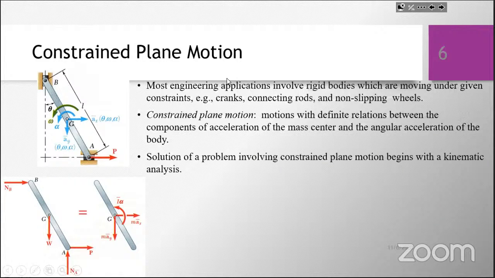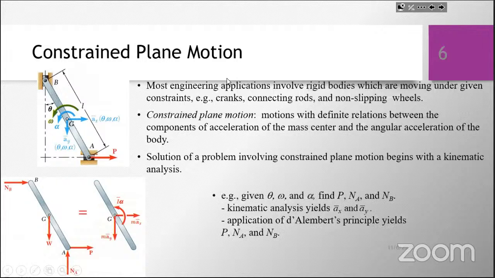And we always want to find this for the center of gravity. So for example, if we're given theta, omega, and alpha, we need to find P, the normal force at A, and the normal force at B. A kinematic analysis yields the acceleration in the X and the Y direction of my center of gravity.